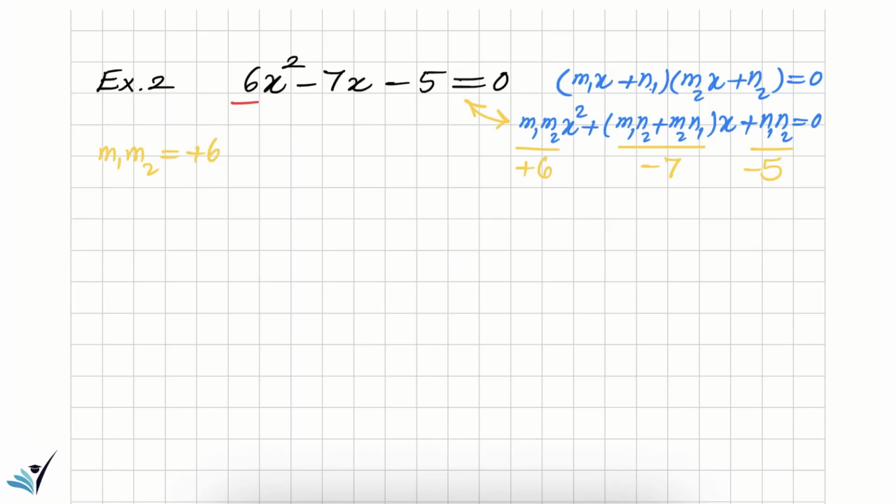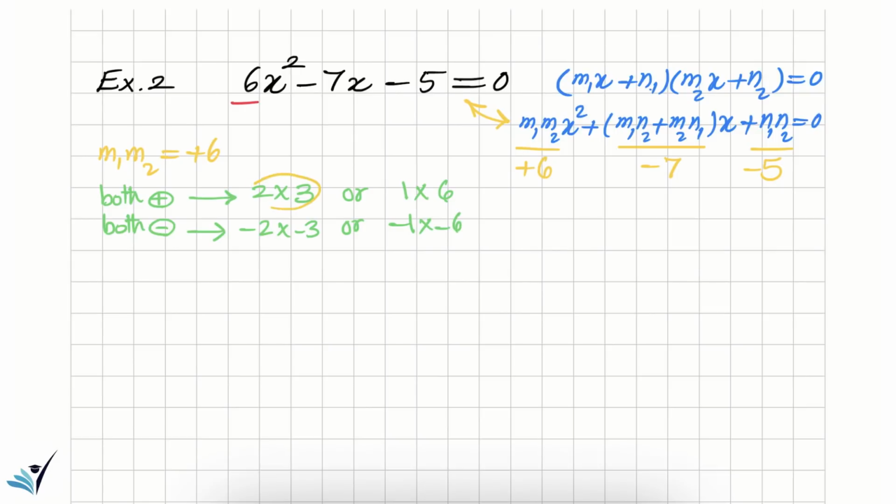There are a number of scenarios here. Because the multiplication is positive, either both of them are positive or both are negative. If both are positive, it could be 2 times 3 or 1 times 6. If both are negative, it could be negative 2 times negative 3 or negative 1 times negative 6.